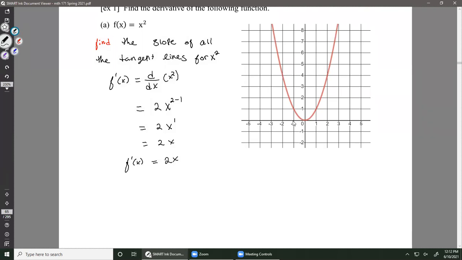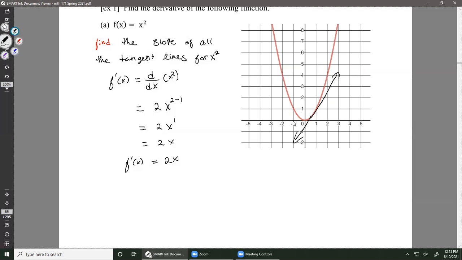All right. So I kind of want to go into a little bit more detail. If I was looking at the point 1, 1, and I drew the tangent line from 1, 1. And I'm saying that the derivative is 2x.